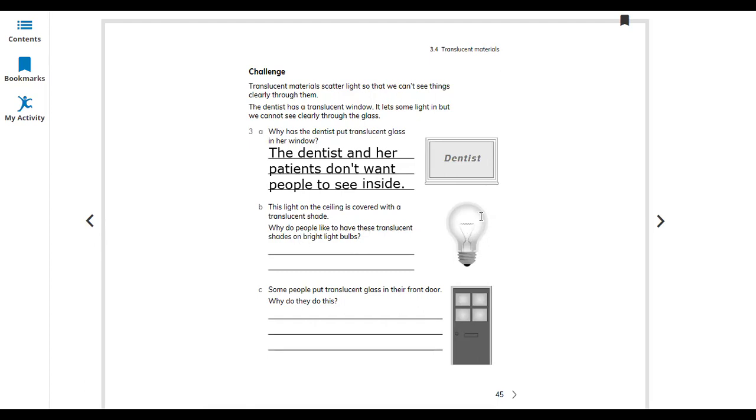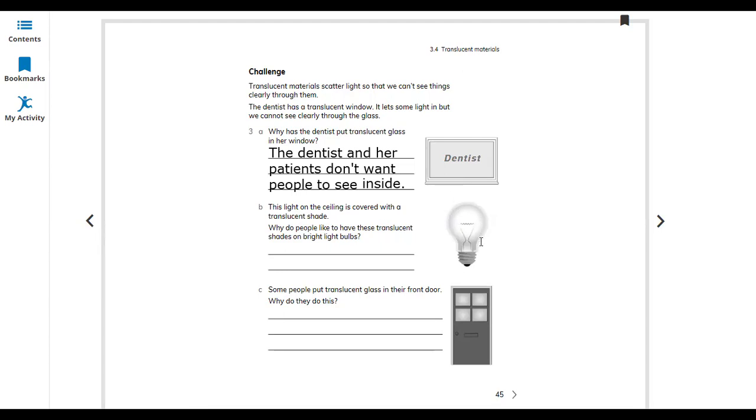This one, you can see the upper cover, is translucent. If there is no shade, it's difficult in the room or anywhere you put this bulb. You cannot even look up. It is shining.